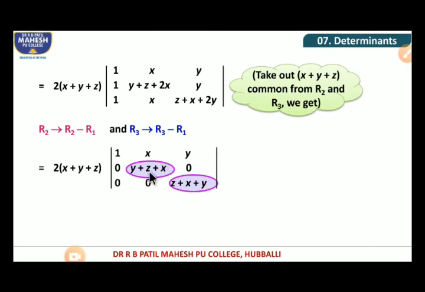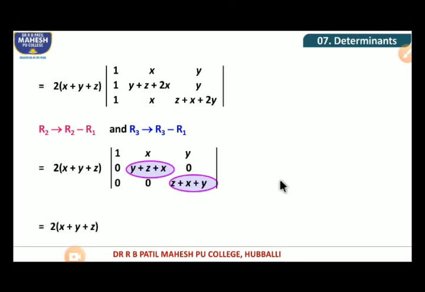Therefore we can take x plus y plus z common from r2 and r3. So we have 2 into x plus y plus z into x plus y plus z into x plus y plus z, this one from r2 and this one from r3, and the first is already outside, into the determinant 1 x y, 0 1 0, 0 0 1.